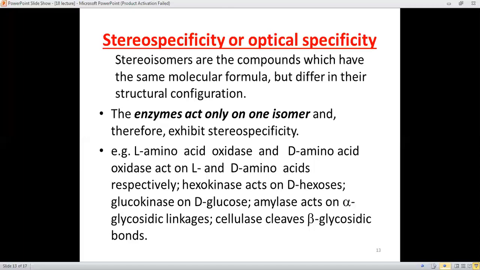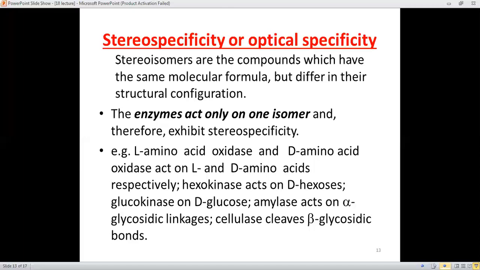Hexokinase enzyme acts on D-hexoses, carbohydrates, monosaccharides, and glucokinase enzyme will act on D-glucose. Amylase acts on alpha glycosidic linkage. It means that they will act on the glycosidic bond. Cellulase cleaves the beta glycosidic bonds.